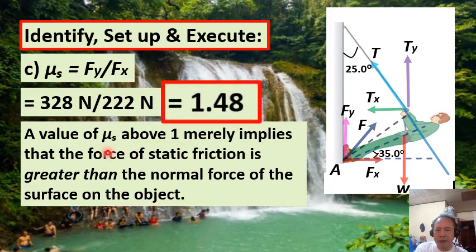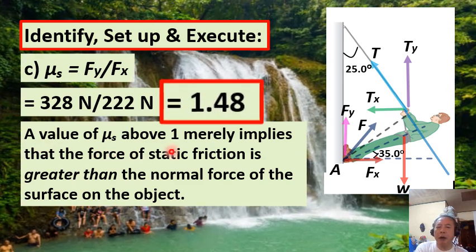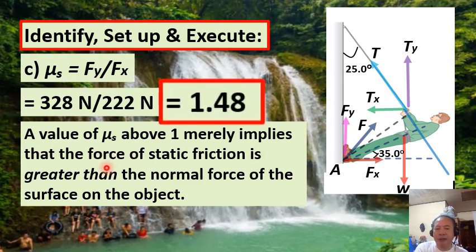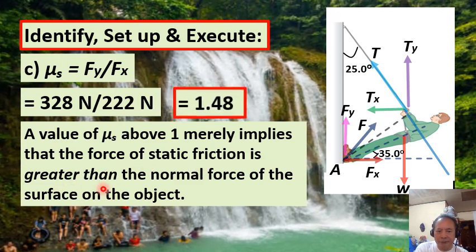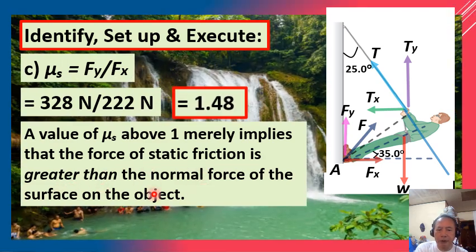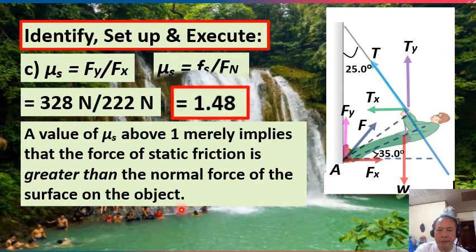What does this mean? A value of mu s above 1 merely implies that the force of static friction is greater than the normal force of the surface on the object.